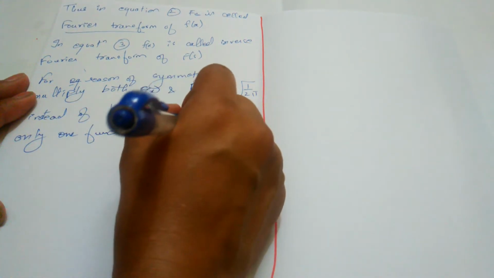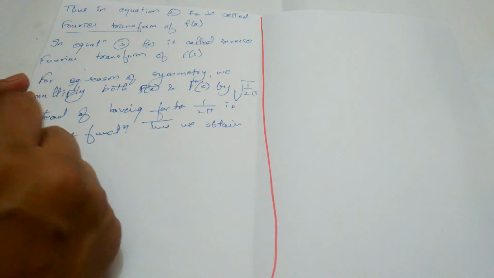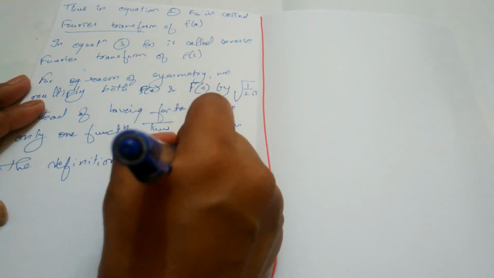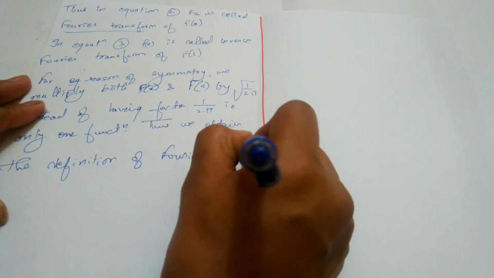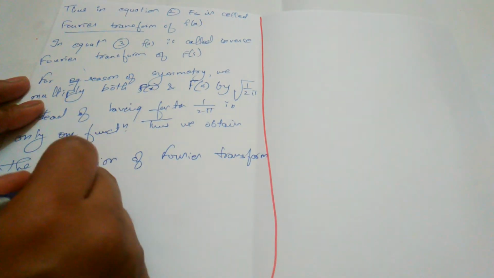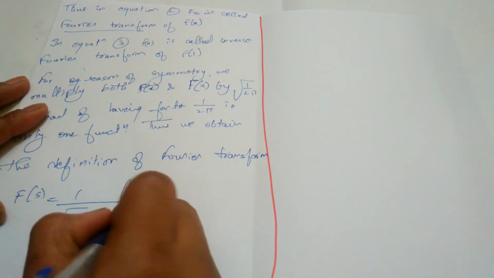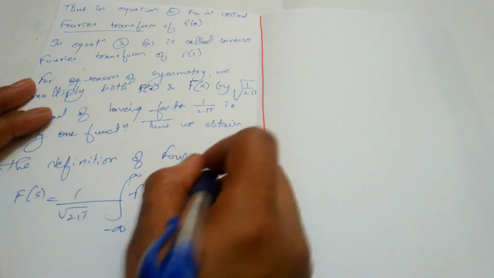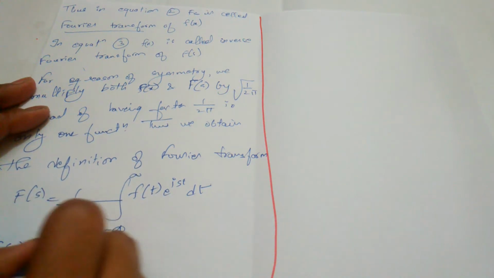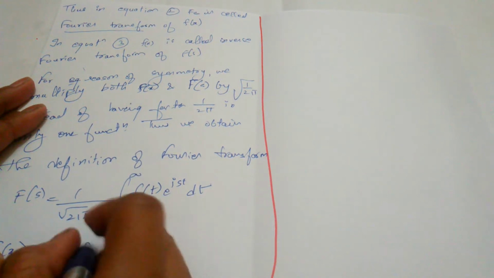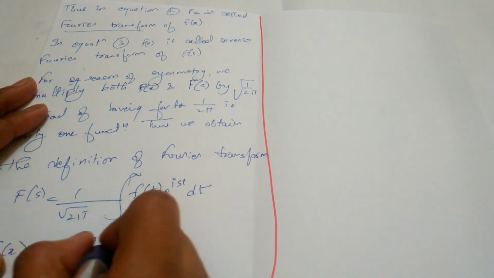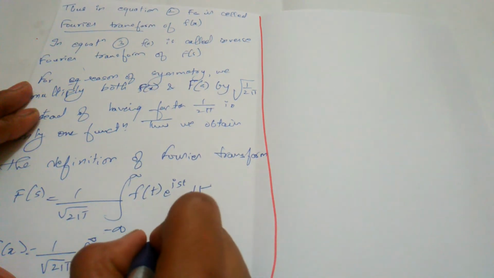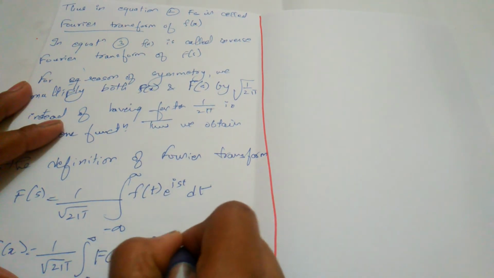Thus we obtain the definition of the Fourier transform as F of s is equal to 1 upon square root of 2 pi integral minus infinity to infinity f of t e raised to i s t dt, and f of x is equal to 1 upon square root of 2 pi integral minus infinity to infinity F of s e raised to minus i s x ds.